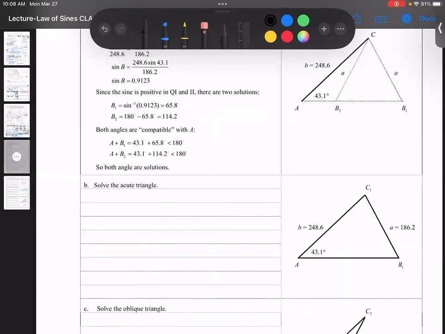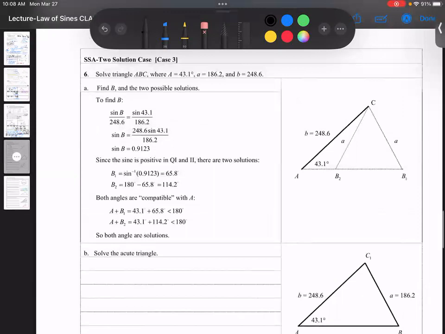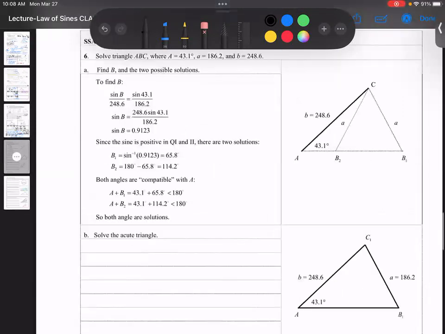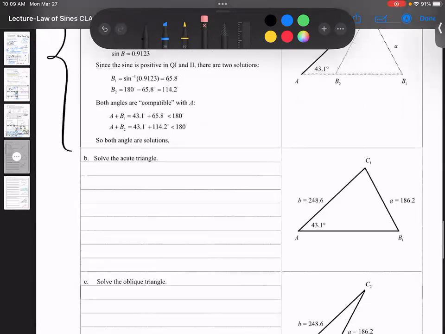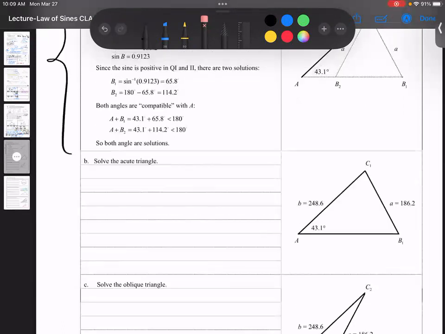All right, let's take a look at the case where you have two solutions. You can read this one. I'm going to go straight to problem part B. Solve the acute triangle given right there. The first thing first, I want to know what I'm given.